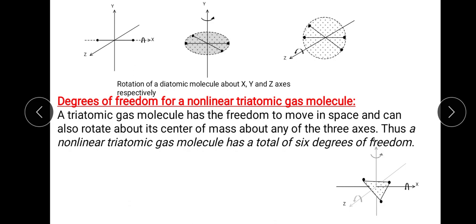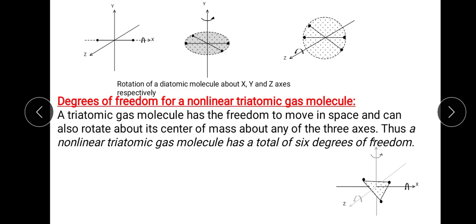Here the rotation about the y-axis and z-axis is considered, but the rotation about the axis along the line joining the two atoms is neglected. That is why due to rotation it possesses only 2 degrees of freedom. Therefore, the total number of degrees of freedom for a diatomic gas is 5: 3 due to translation and 2 due to rotation.